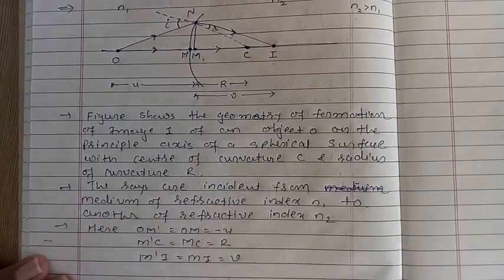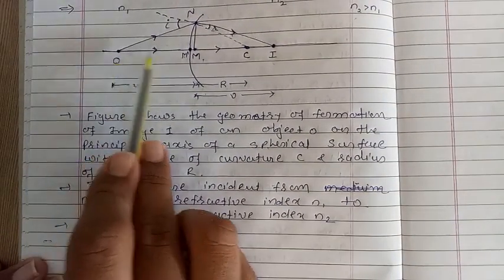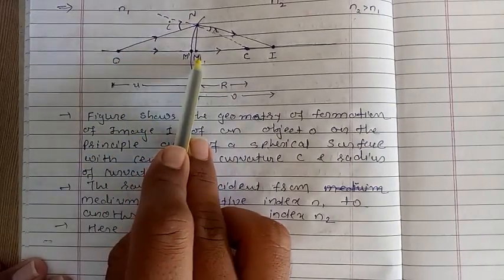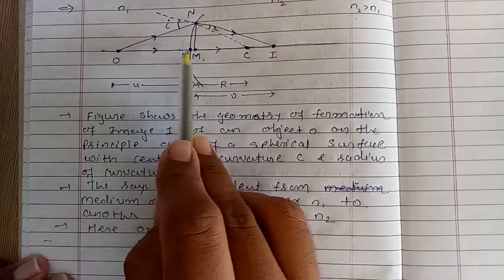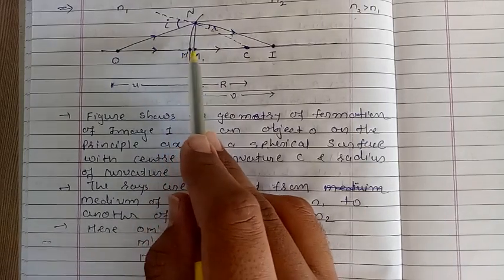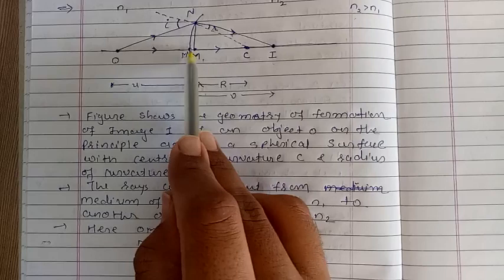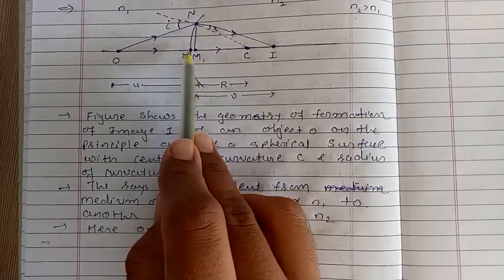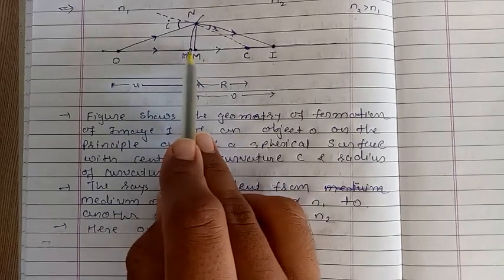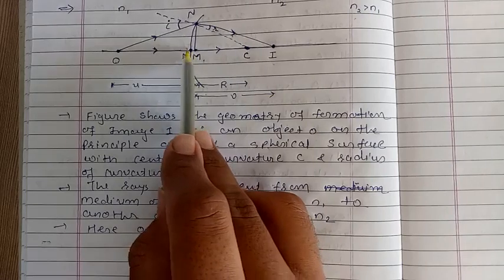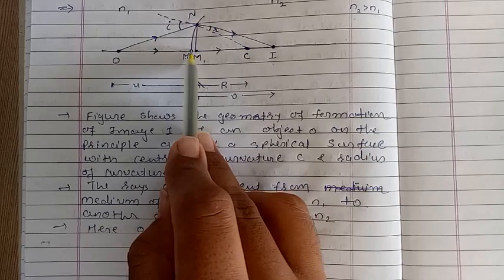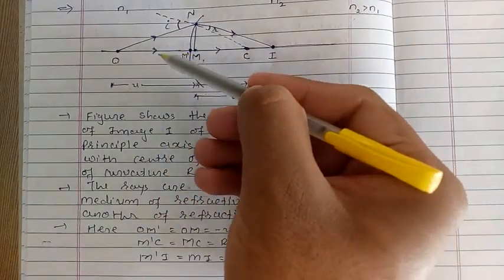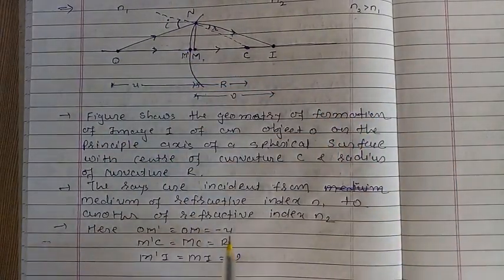Then you can see from the figure that OM dash is equal to OM is equal to U. But as per the rules, we have to measure distance from the pole, in the direction of the incident ray. Here it is in the opposite direction, so U is negative.